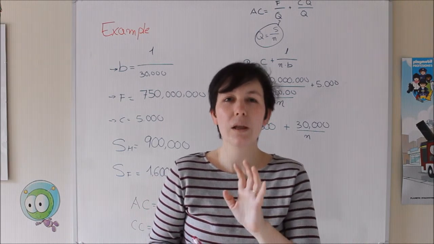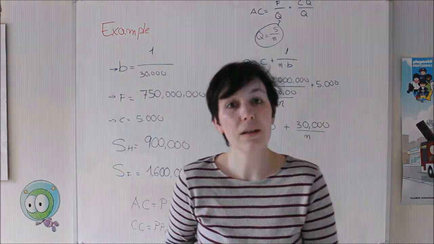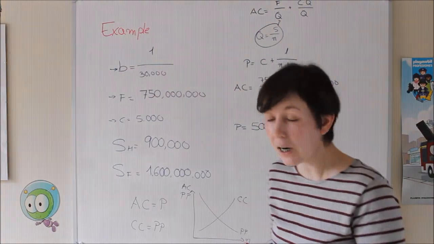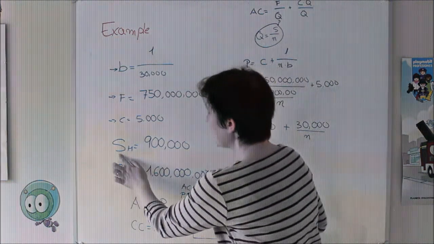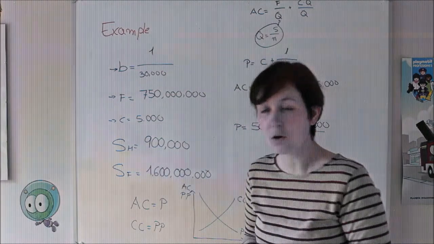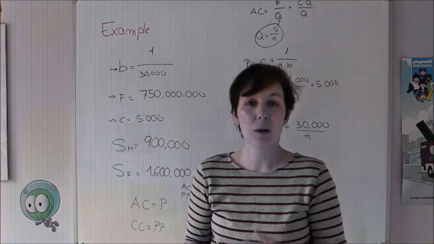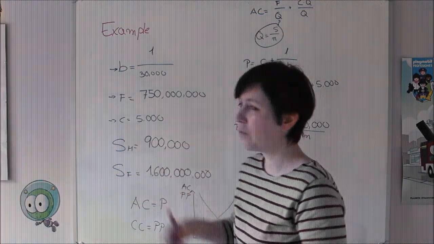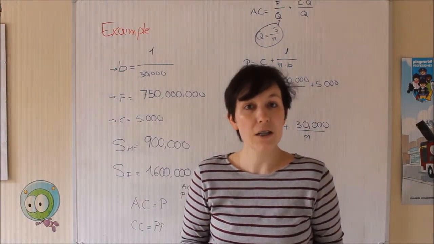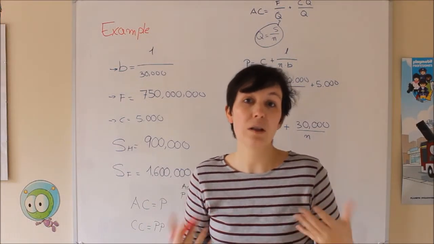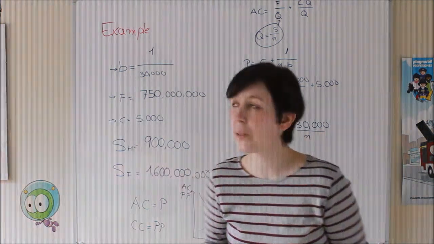Also, the characteristics of the demand are going to be the same. The only difference that we are going to have here, in this case, is the size of the market, okay? So this is the size of the market for the home economy, and this is the size of the market for the foreign economy. We can talk about sales as a way of observing the size of each market, or sometimes you can see that some exercises use the number of people. It's another way of getting the size of the market, okay?